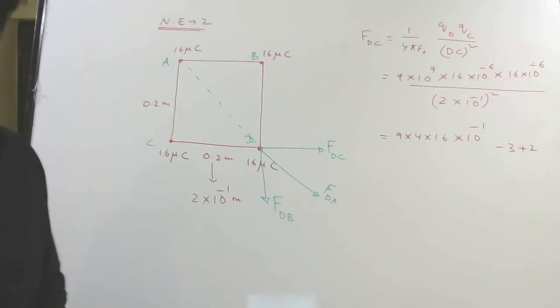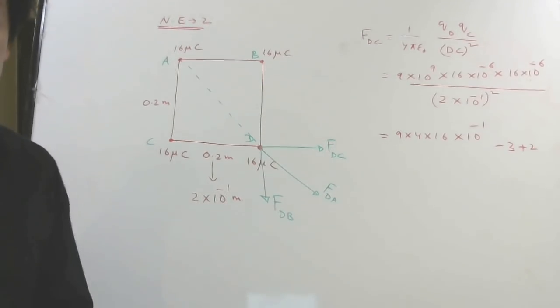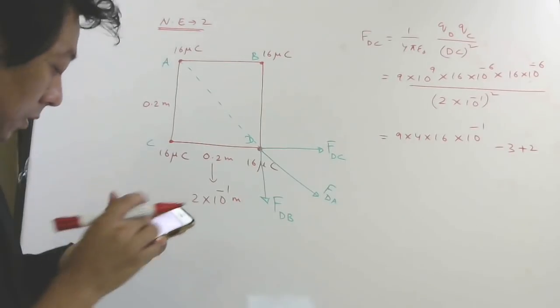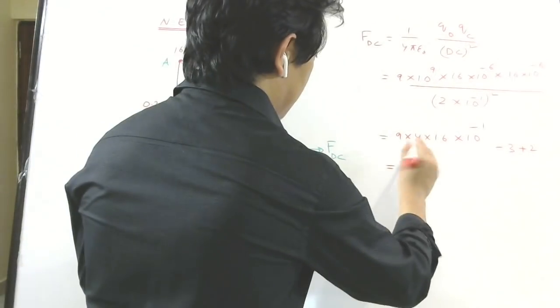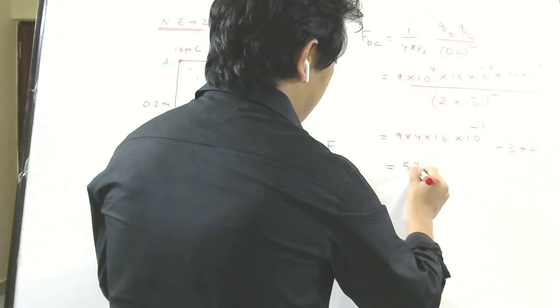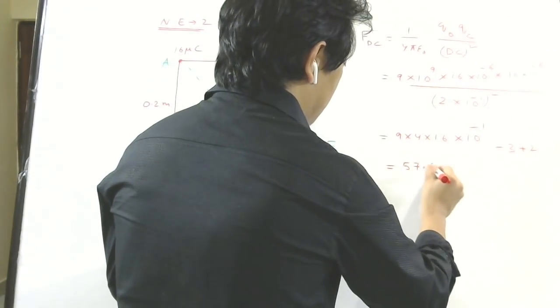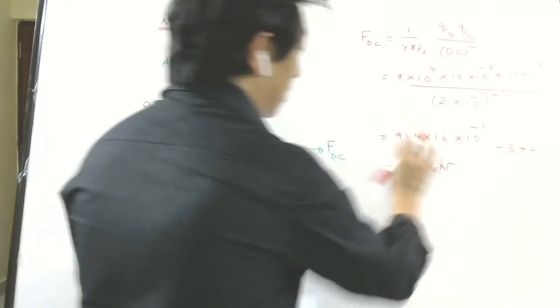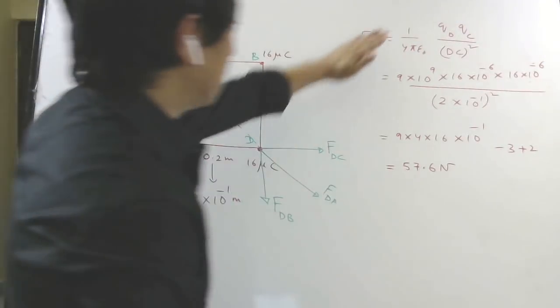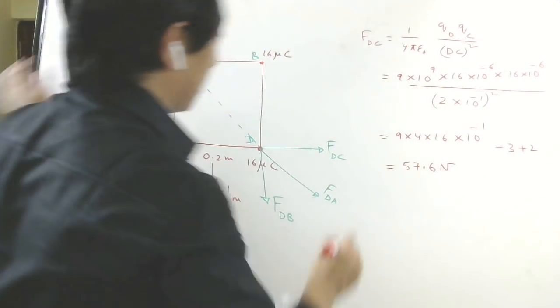Again, 9 fours are 36. So 36 into 16, if you do, you will get 576. 576 into 10 power minus 1 will be 57.6 Newton. Please use a calculator if you don't have time to calculate it manually. So this is the force on D by C.